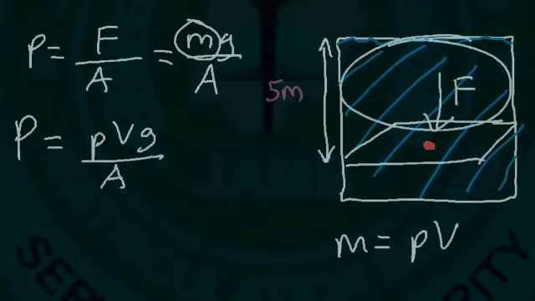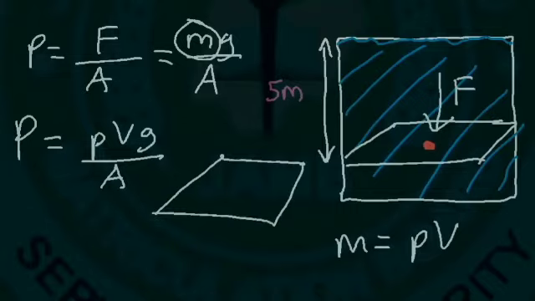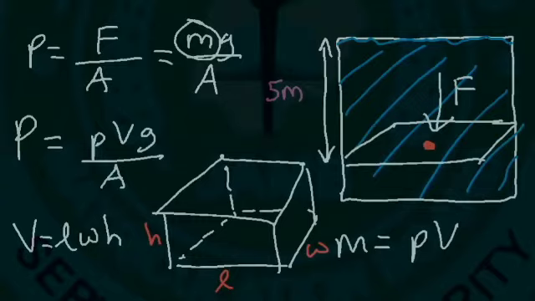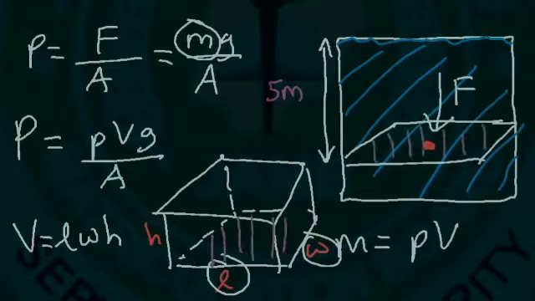Now the volume of the water above it is basically the volume of a rectangle, which is the length times the width times the height. So the volume, as we mentioned before, is L times H times W. Now length times width will give us the area of this surface here.